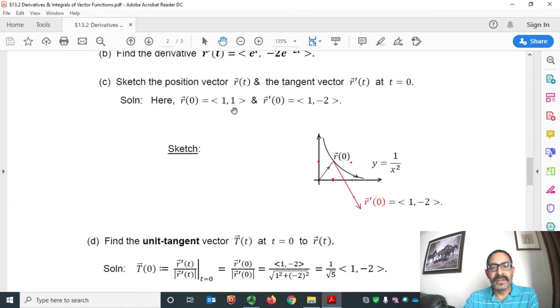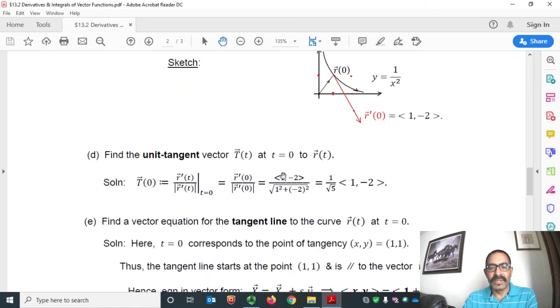We computed r prime of 0 here, (1, -2), and find its magnitude. Its magnitude is the radical of 1 squared plus (-2) squared, 1 plus 4, 5, radical 5. So let's divide r prime of 0 by radical 5, which I did here: 1 over radical 5 times r prime of 0. I hope this makes sense to you all.